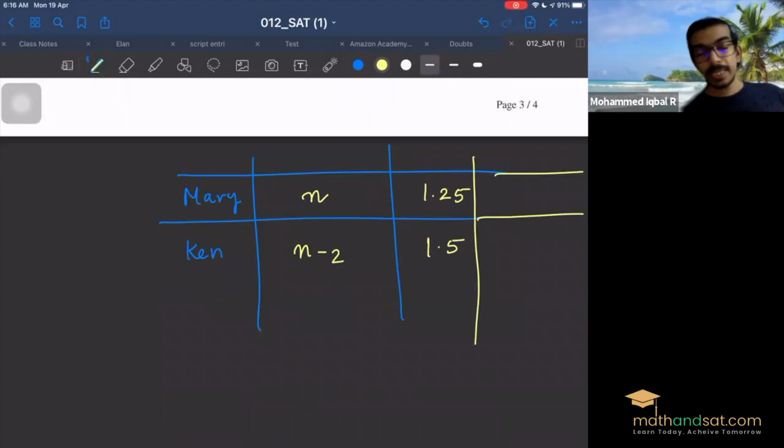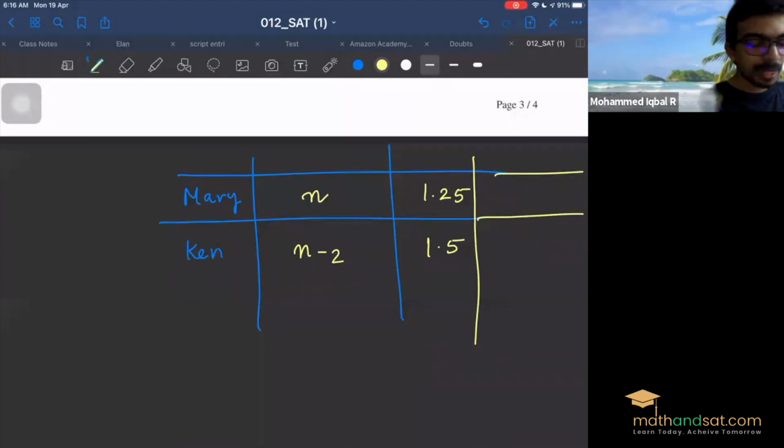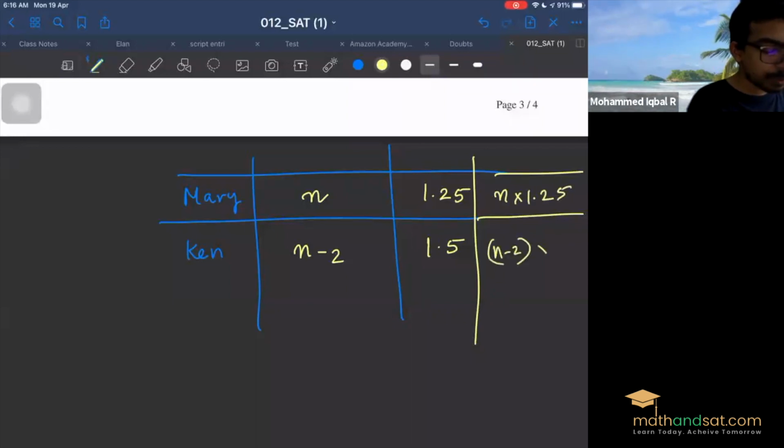Now at the end of n months, the total amount Mary would have paid is n times 1.25. The second person is n minus 2 times 1.5. So we just need to equate this.